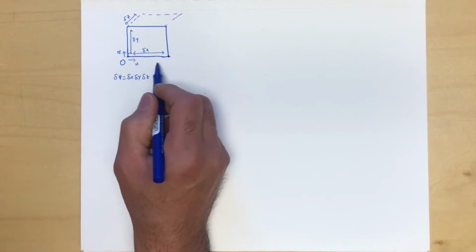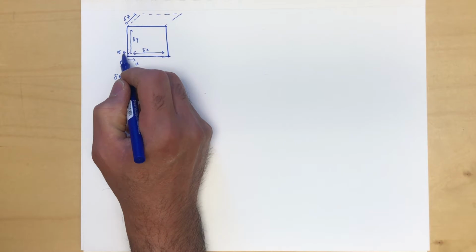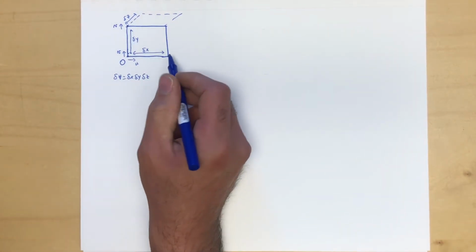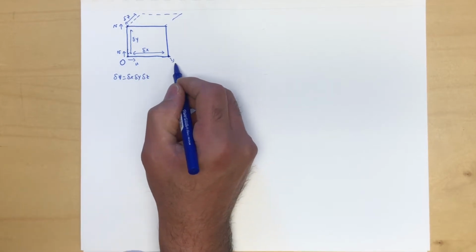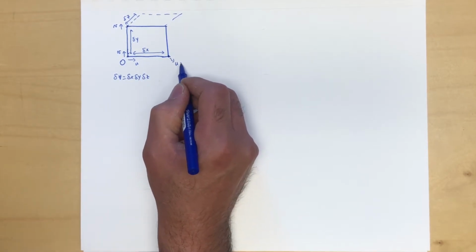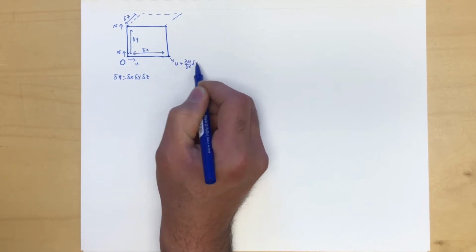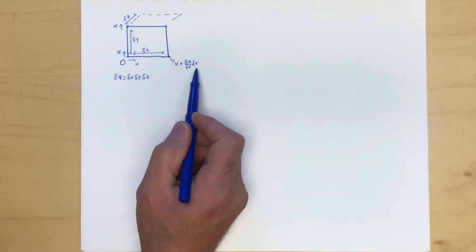For the sake of the illustration here, we're just going to assume that there is a single velocity gradient in the x direction. In other words, the v velocity does not change from this point to that point. However, u changes from this point to that point, and we're going to call this velocity u plus du by dx times delta x. That's an infinitesimal approximation based on the Taylor series.